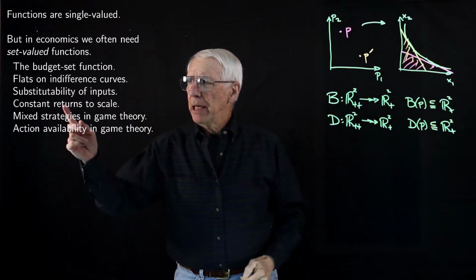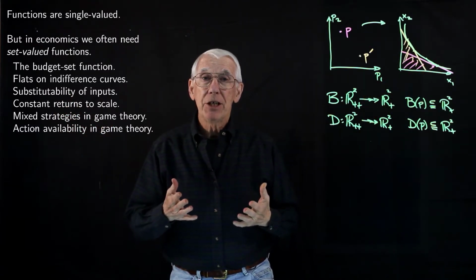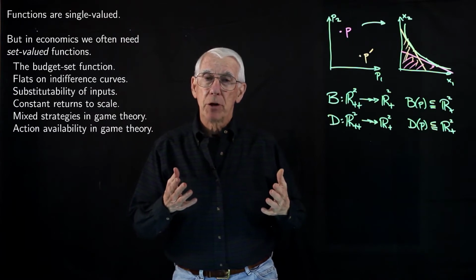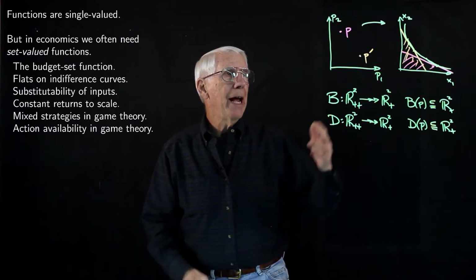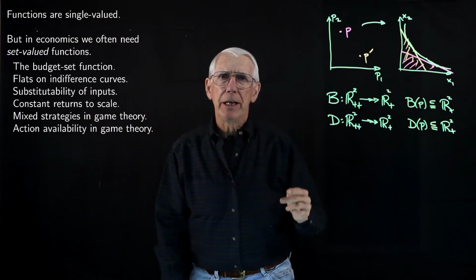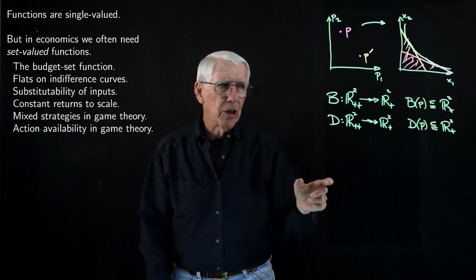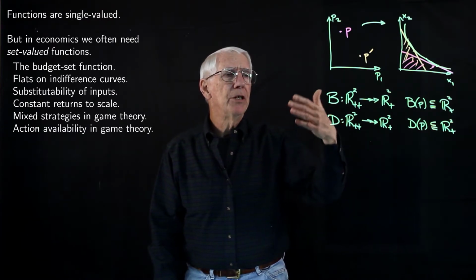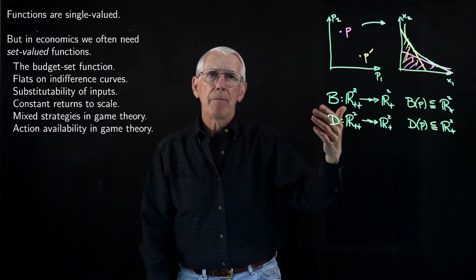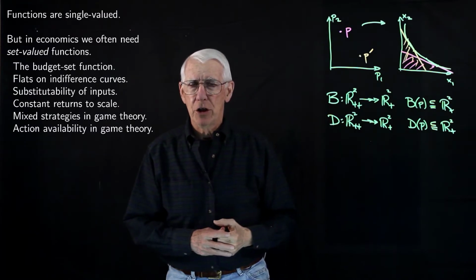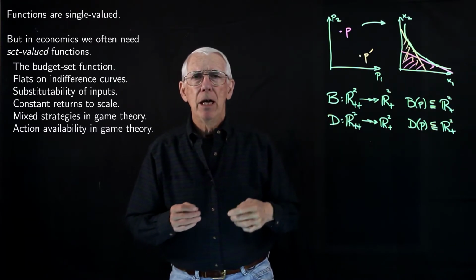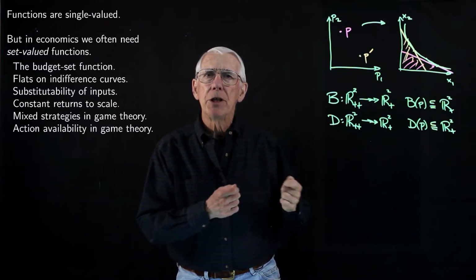And because of those flat areas in the firm's production technology, again, we have not completely determinate behavior by the firm at a given price list, and we need to use similarly some kind of set-valued function to describe the firm's behavior, the firm's decision-making.